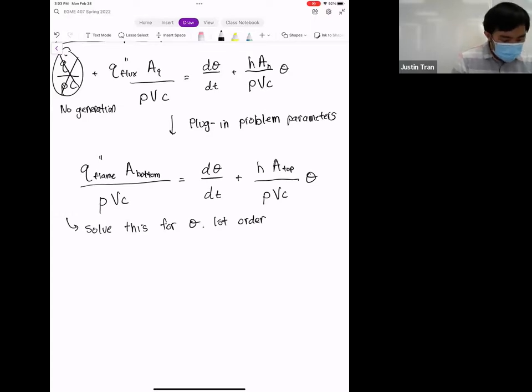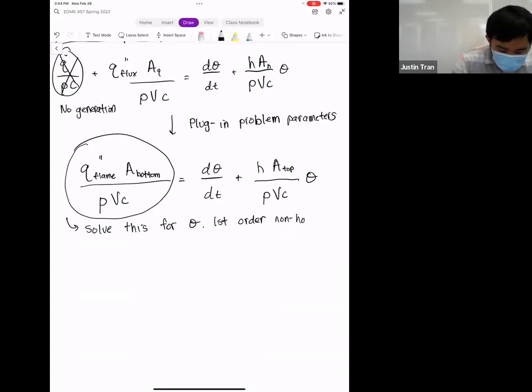Okay. But since this side of the equation here is non-zero, right, because we have the heat flux, what we have is a non-homogeneous first order non-homogeneous ordinary differential equation.